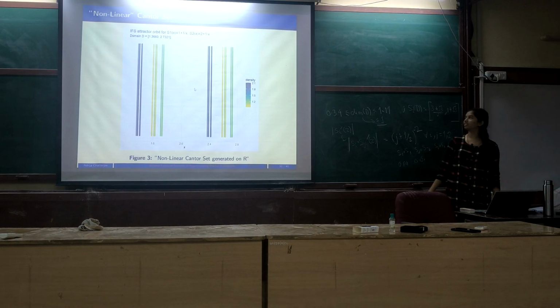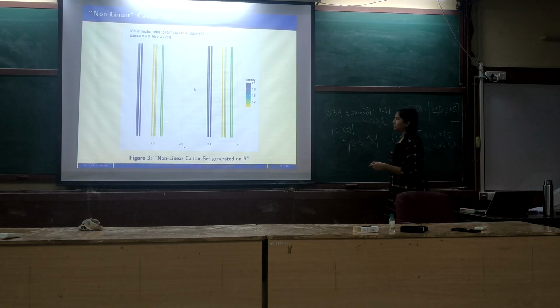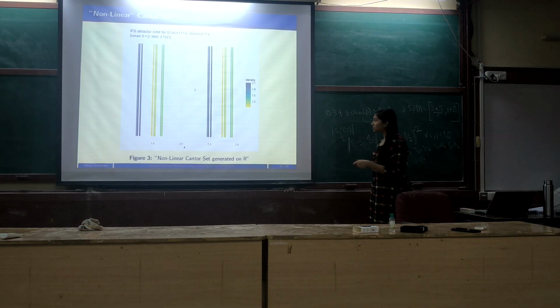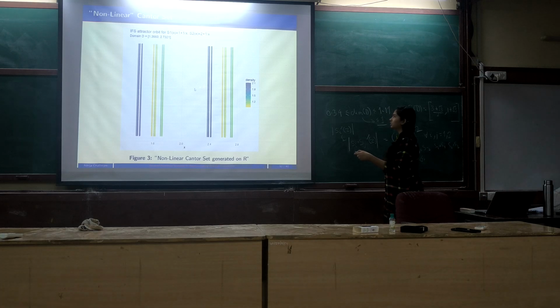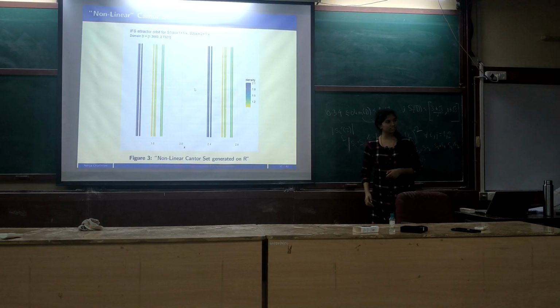And this is how the nonlinear Cantor set looks like on a graph. It's one dimensional, so basically the set itself is just the projection of this on the x-axis, but it's non-linear because a lot of points fall on this part and this part, while the yellow parts are not reached at all.